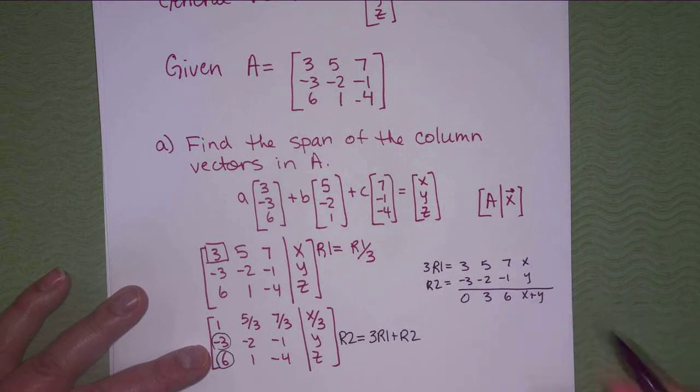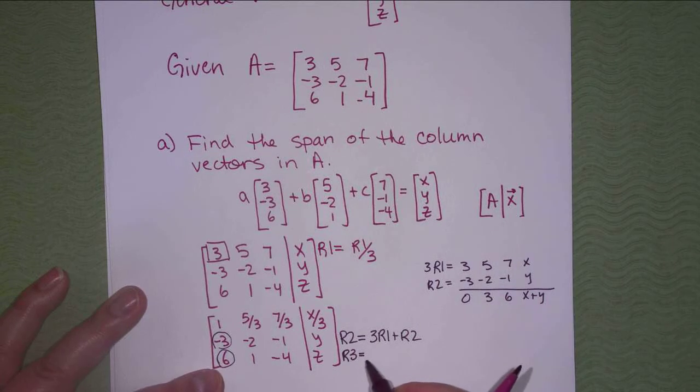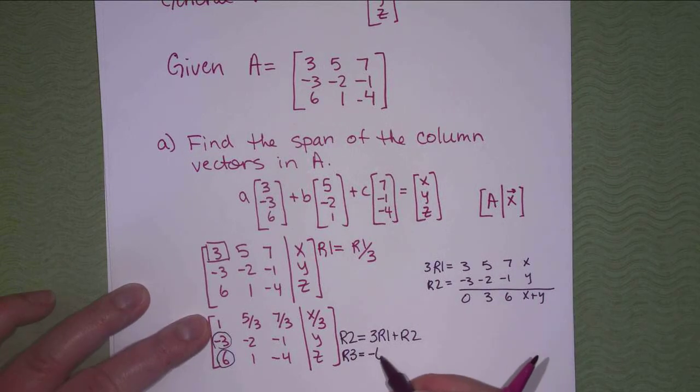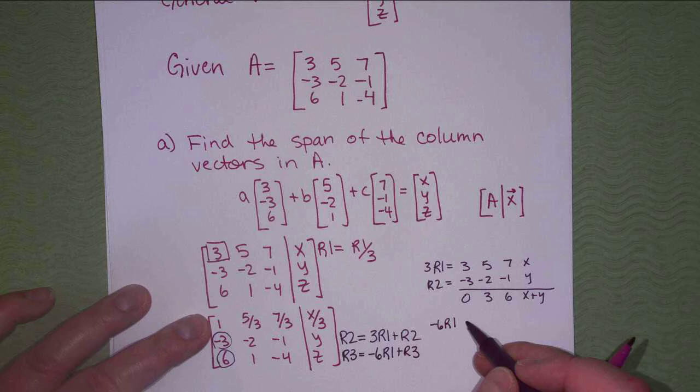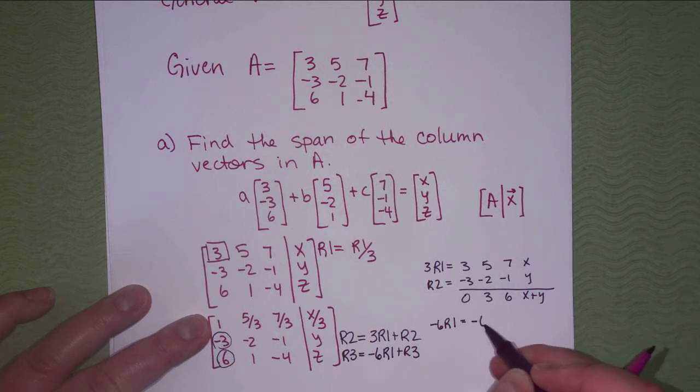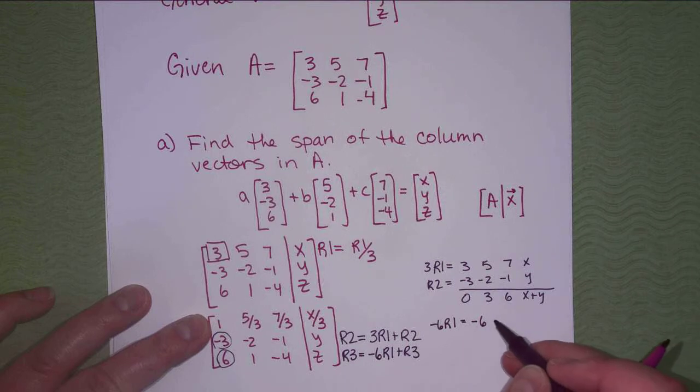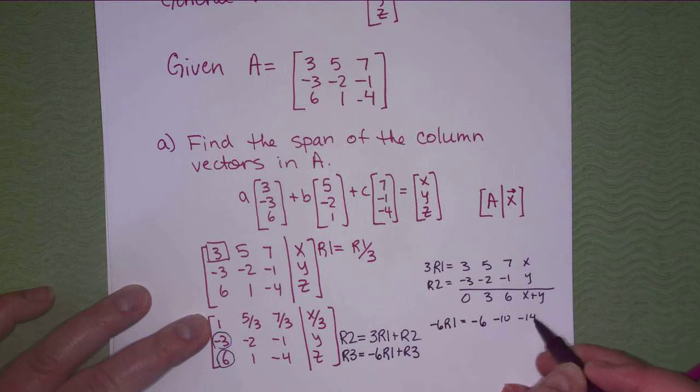And so x plus y is just x plus y. And then row 3 is a 6, so we want the 1 to be a -6. Same number, opposite sign. So -6 times row 1 would be -6, -10, -14, and -2x.